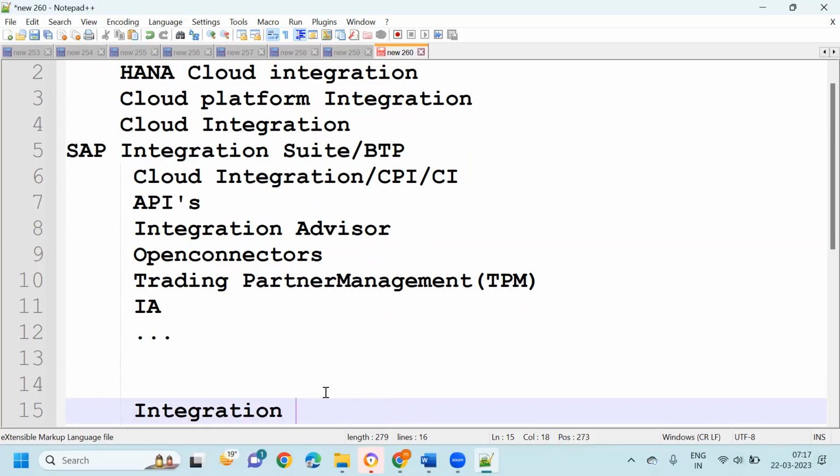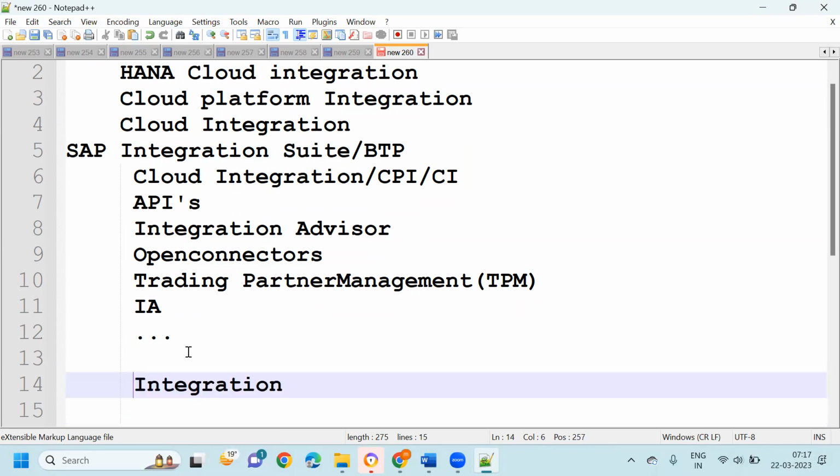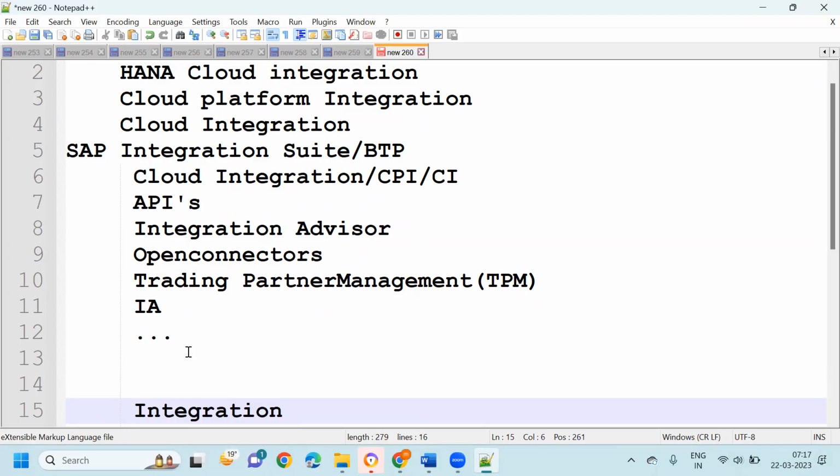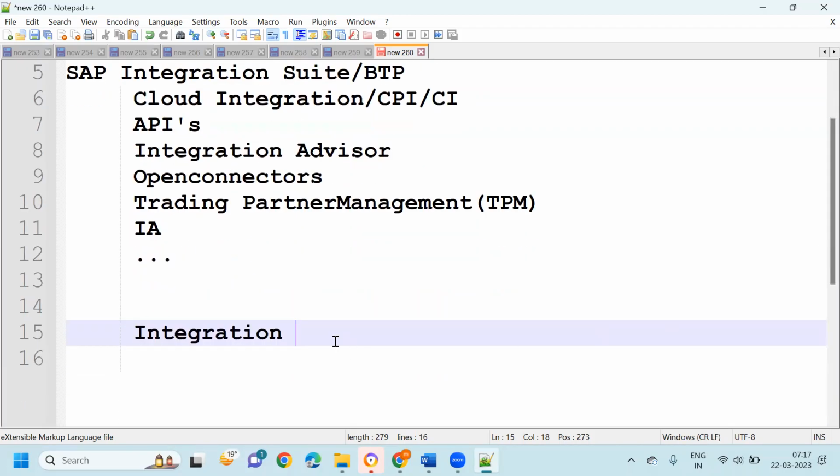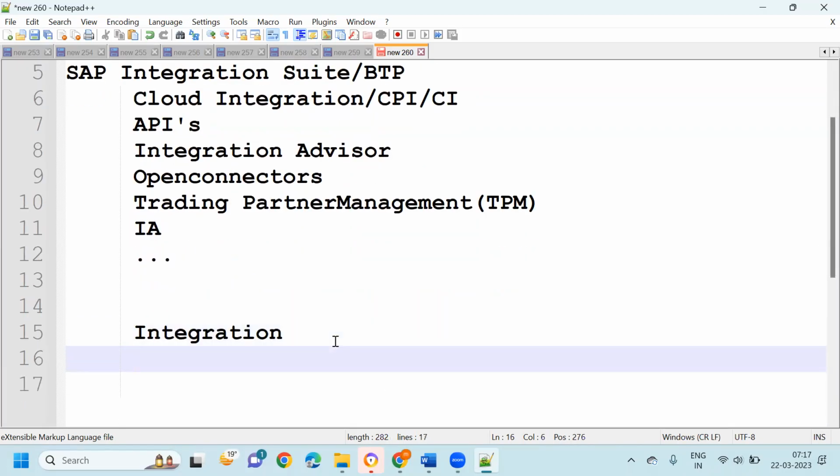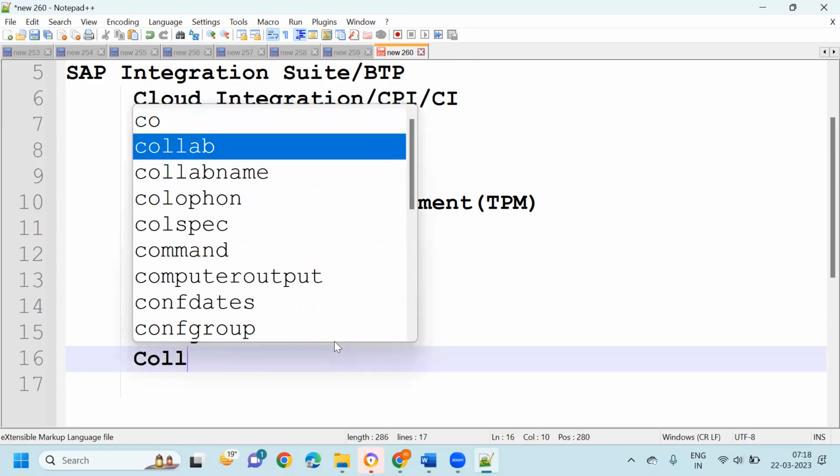It is for integration purposes. What do you mean by integration, and how does it work? That we need to capture now. If you observe here, integration is nothing but collaboration.